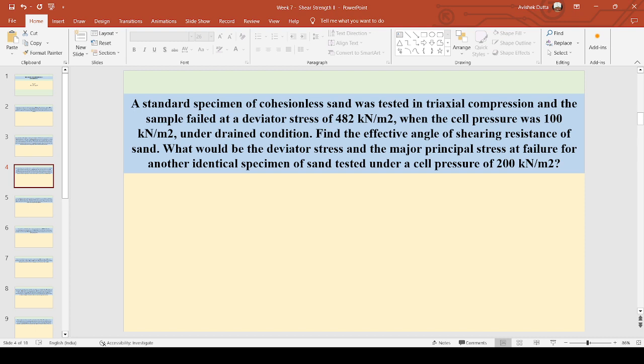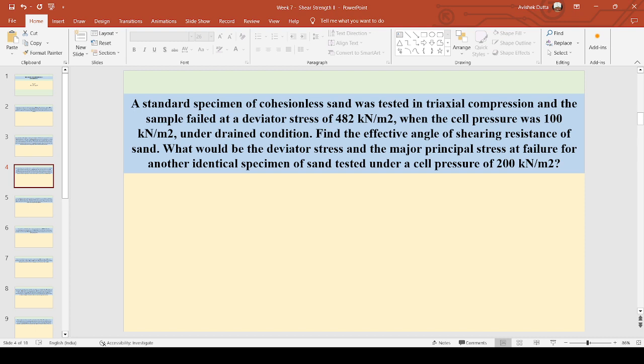Here we have a specimen of cohesionless sand in triaxial compression with a deviator stress of 482 where it failed, and the cell pressure was 100 under drained condition. Now we are asked to find the effective angle of shearing resistance, the angle of internal friction.